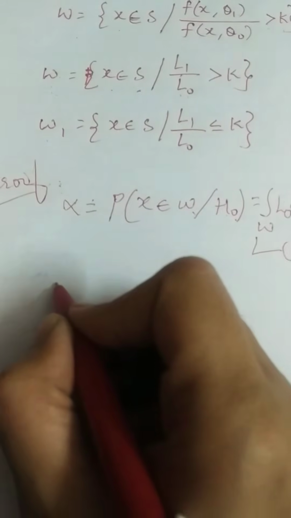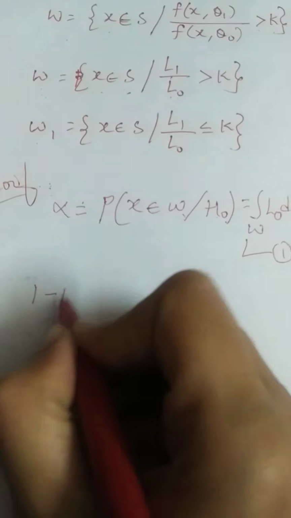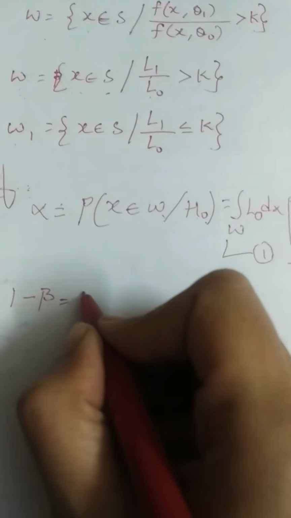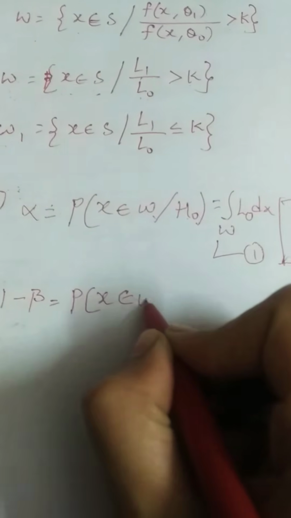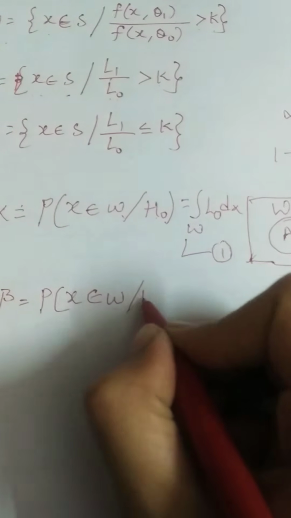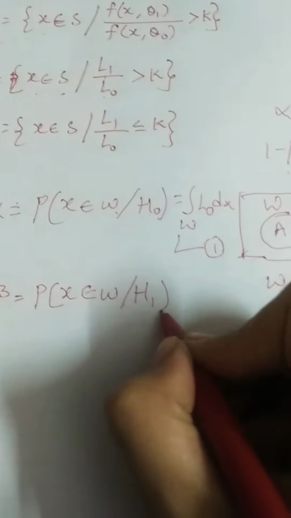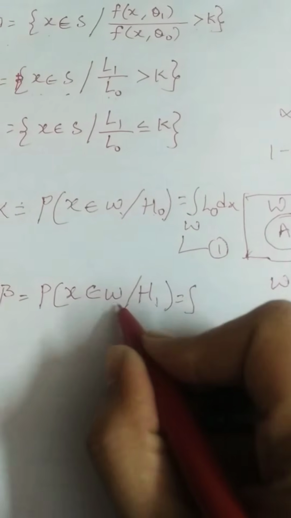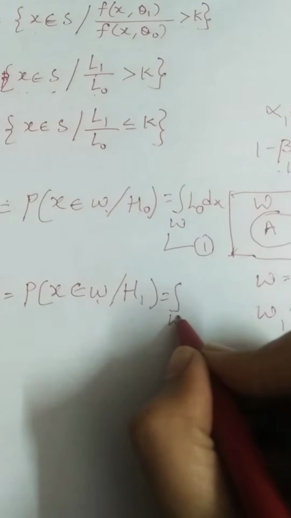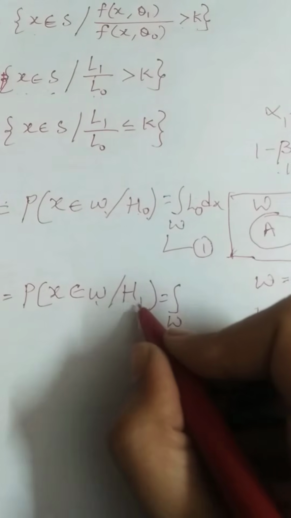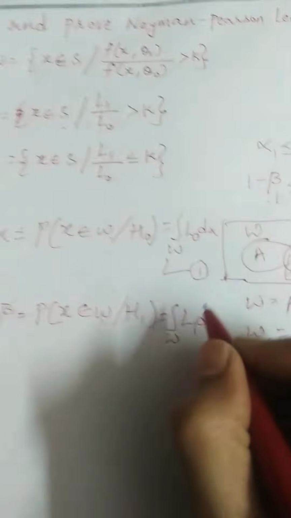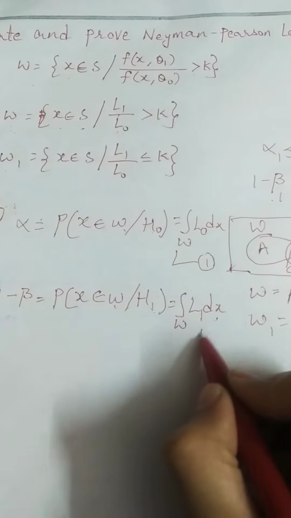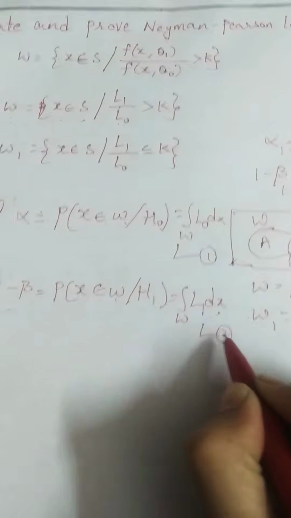Again, for 1 minus beta, we will write it as P of x belongs to omega given h1, which is the integral over omega of L1 dx. This is equation 2.